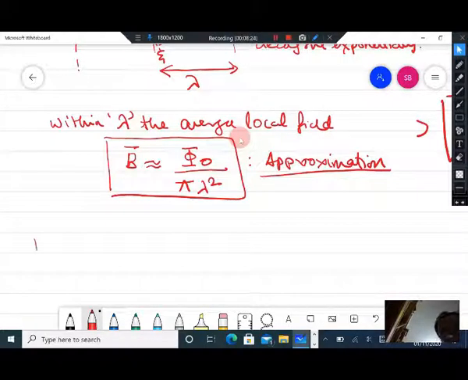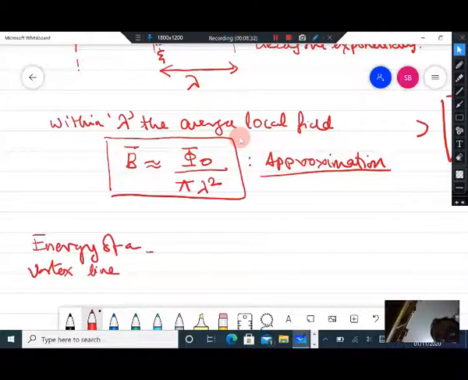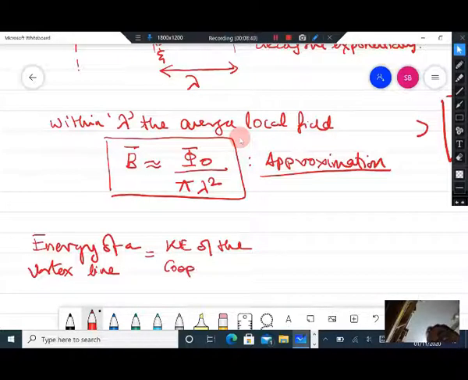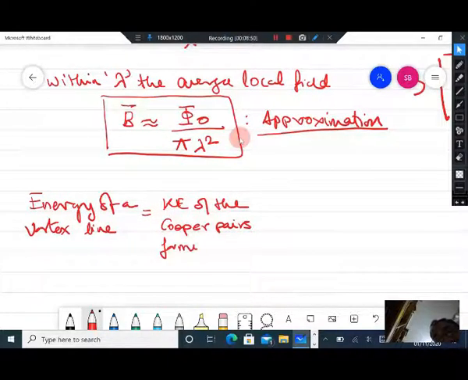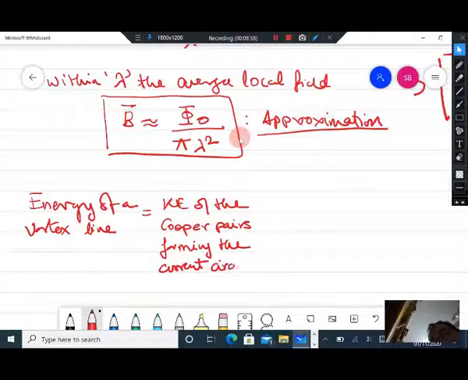The energy of a vortex line will be equal to the kinetic energy of the Cooper pairs forming the current circulating around the vortex.